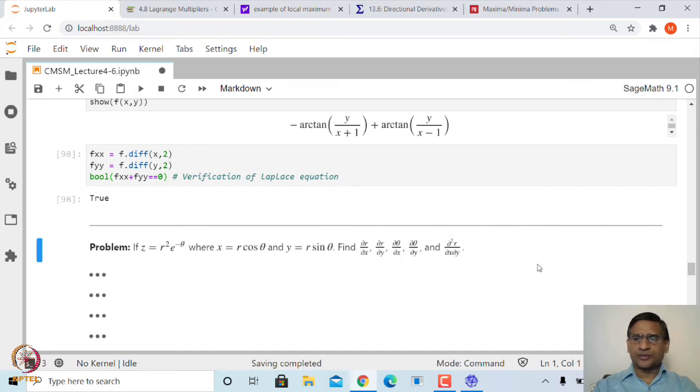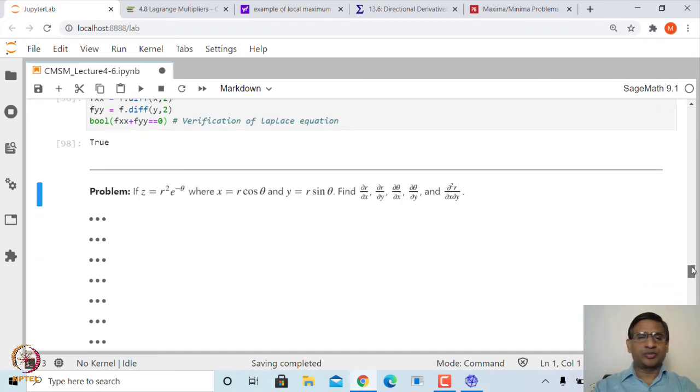Next, suppose you are given a function, let us say z, which is in terms of r and theta, so this is in polar coordinates, and suppose we substitute x equal to r cos theta, y equal to r sin theta. So in this case, x is a function of r and theta, y is also a function of r and theta, z is a function of r and theta, and in particular a function of x and y.